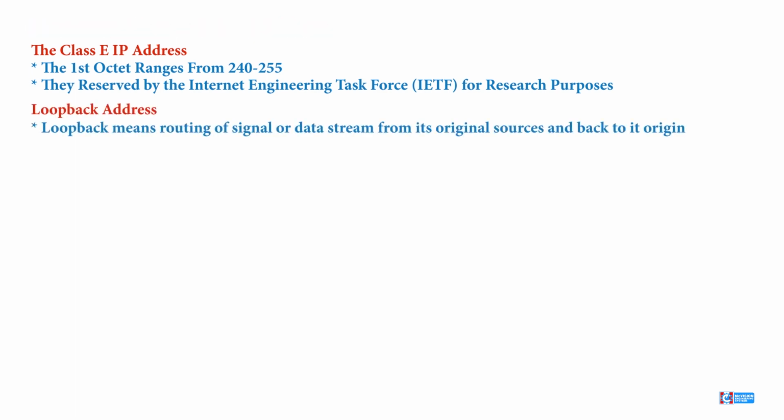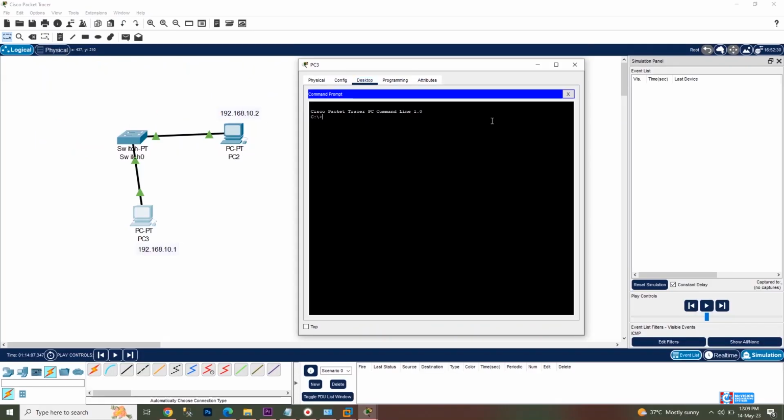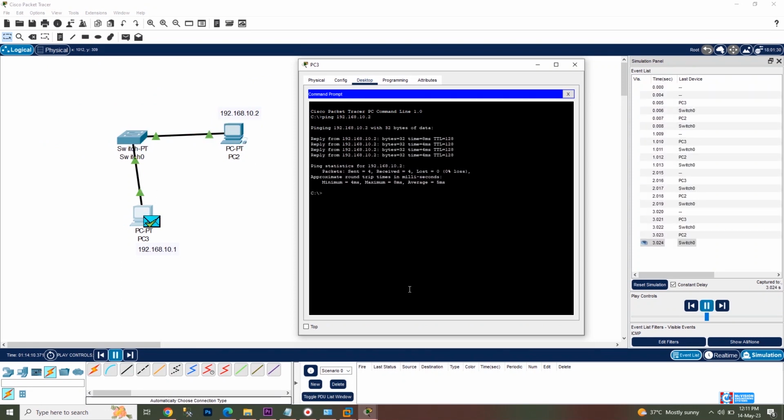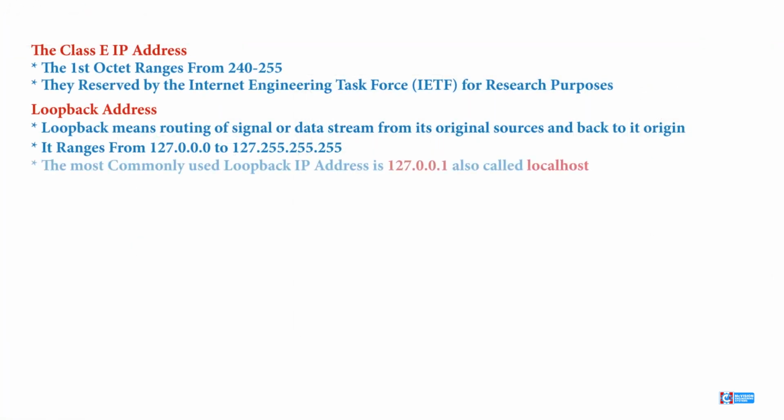We said that this address ranges from 127.0.0.0 to 127.255.255.255 and is mainly used for network troubleshooting and testing. We saw that the most commonly used loopback address is 127.0.0.1, and it is also called the localhost.